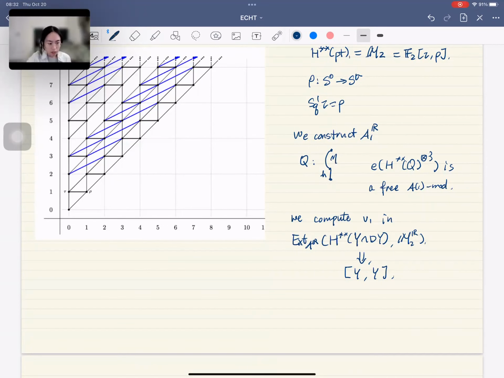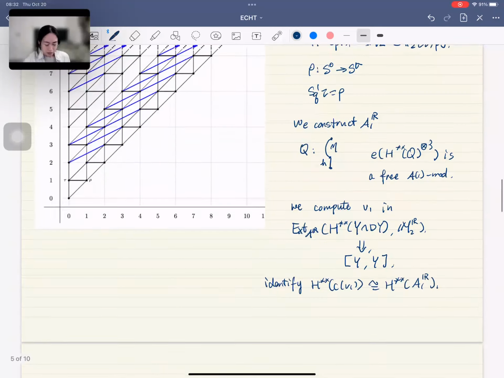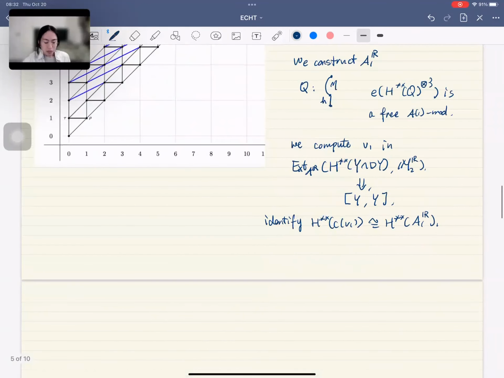And then we identify the cohomology of the cofiber with the A1 we find. Right, so this step is exactly the same as Davis and Mahowald.